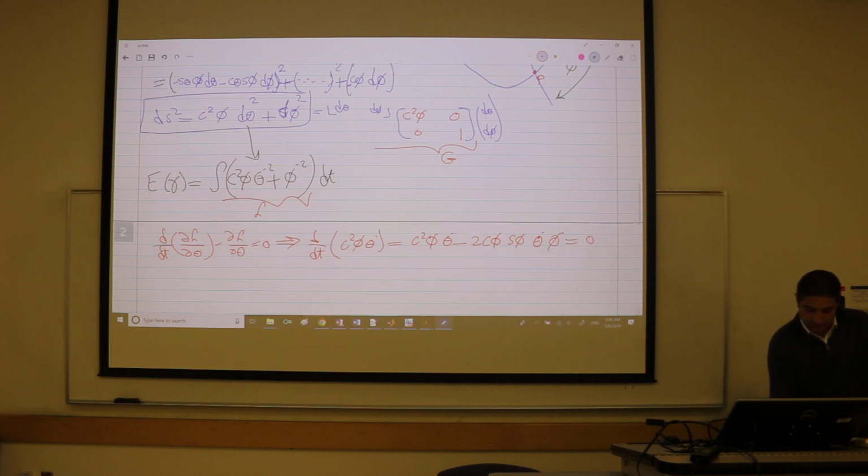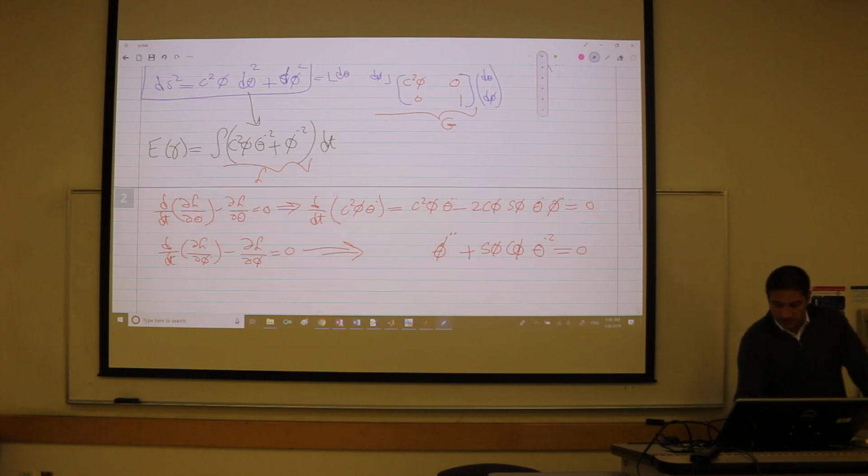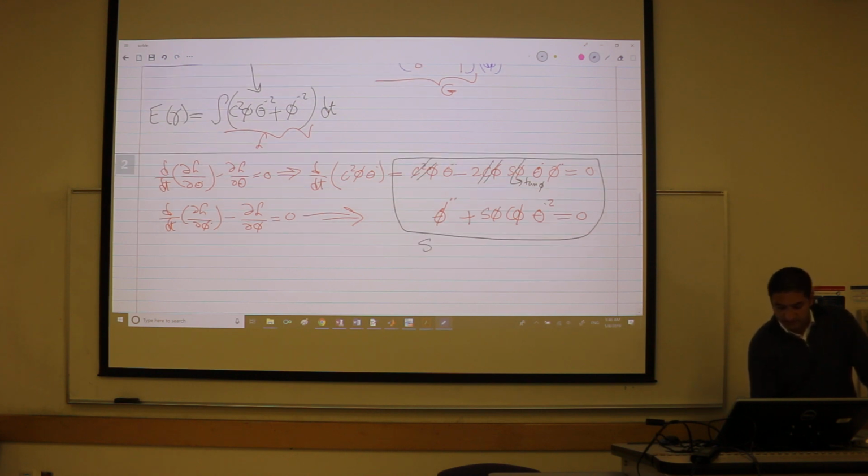The other equation, partial phi is 0, is a bit easier: phi double dot plus sine cosine theta dot squared. For the first equation, if you divide by cosine phi, this goes away and this becomes tan. Then these equations are exactly similar to the ones that we wrote last time.